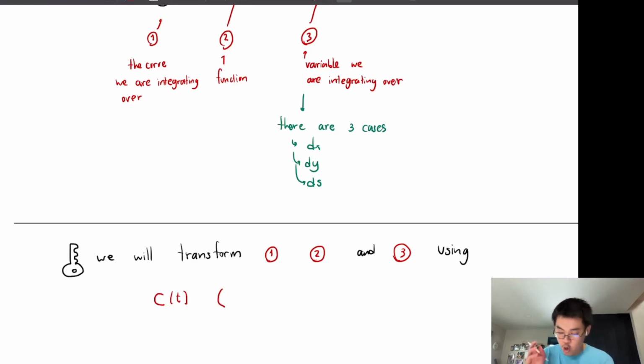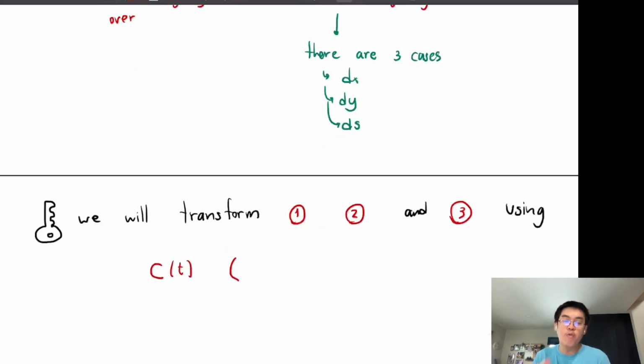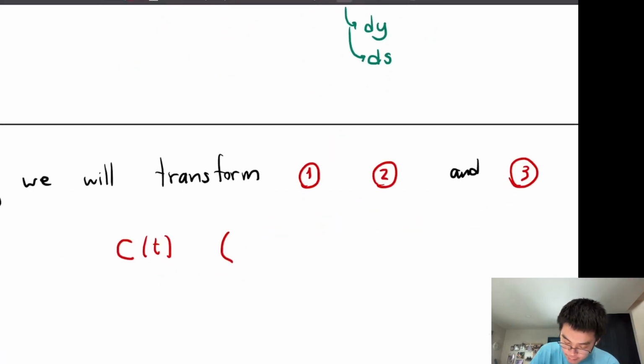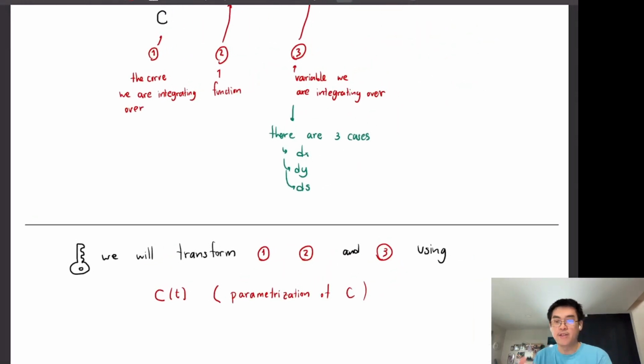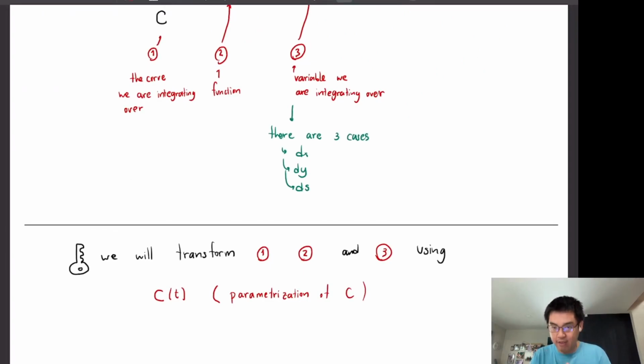All right, so we're gonna look at the integral, and then we're gonna look at the C that is given to us. The C(t) will be a function, and this is called a parameterization of C. All right, so whatever it is, right?